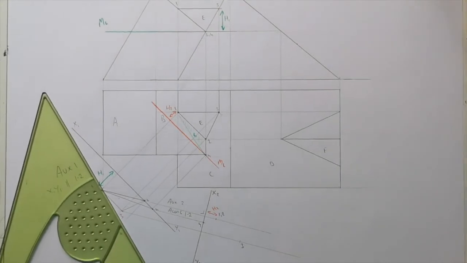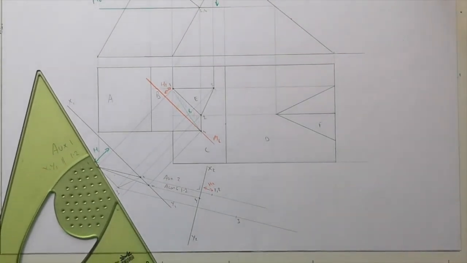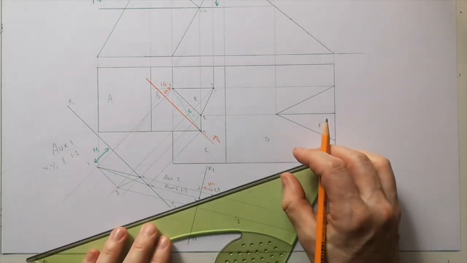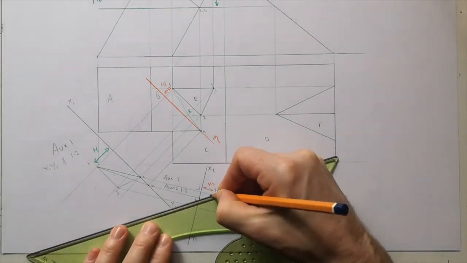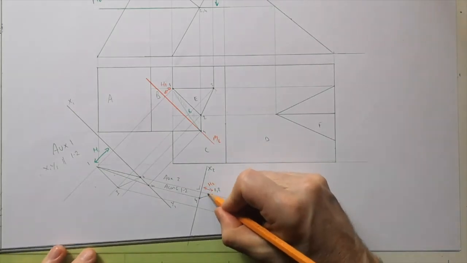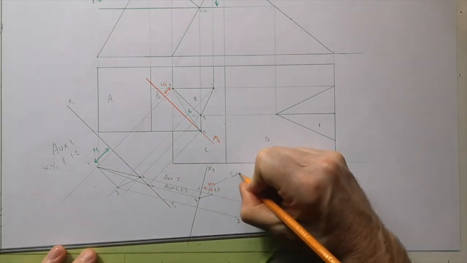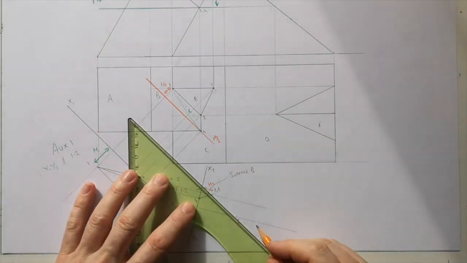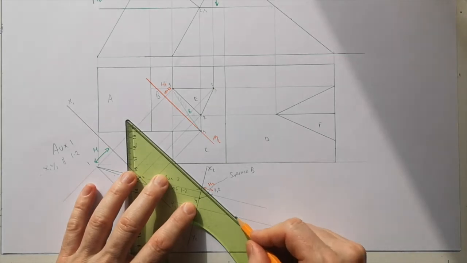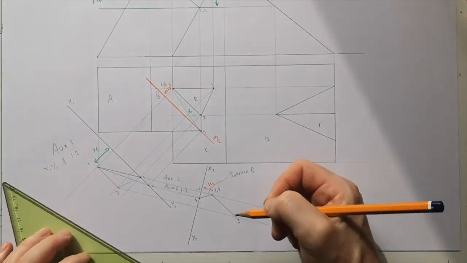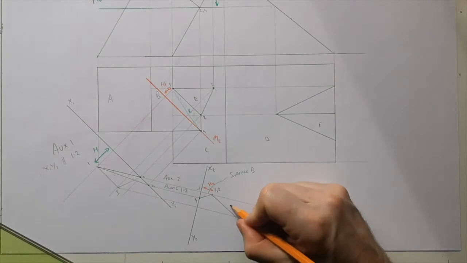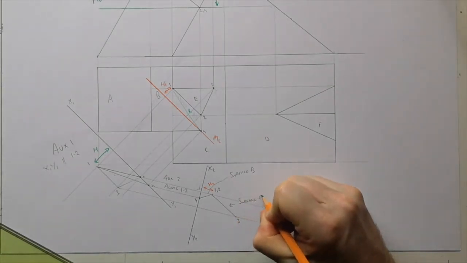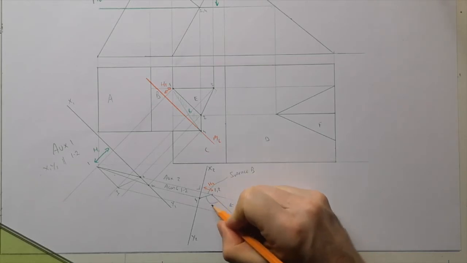But of course 4 connects to 1, 2 because that's surface 1, 2, 4, which is surface B. And 1, 2, 3 is just surface E. And that's your dihedral there.